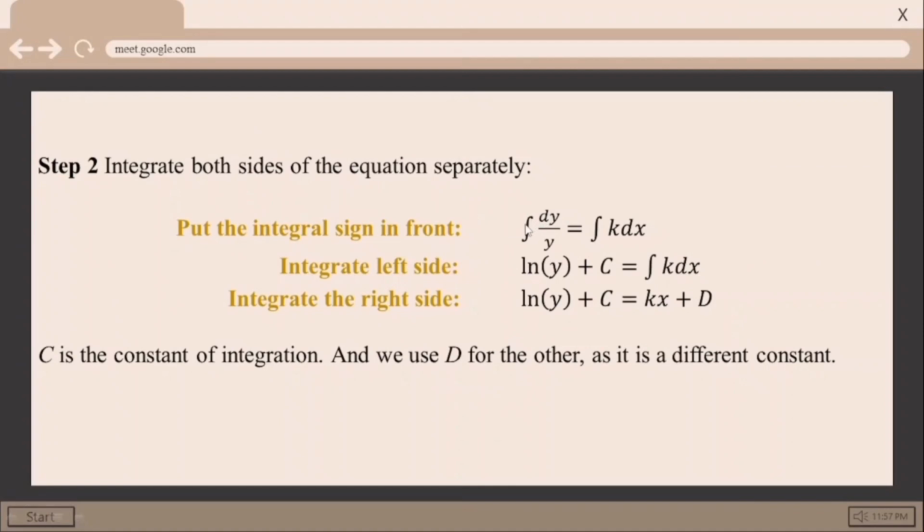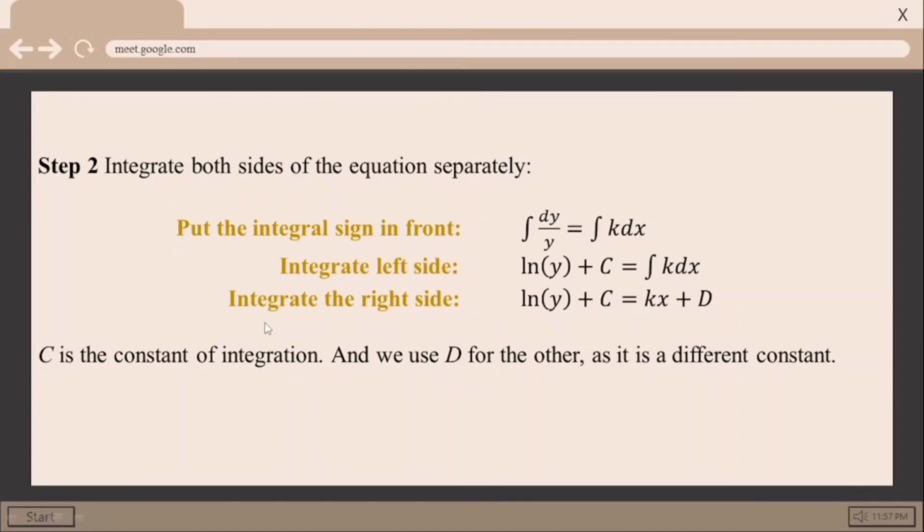After that, we are going to integrate the left side, then followed by the right side. Or either way, you can also first integrate the right side if that is your choice, followed by the integration of the left side.